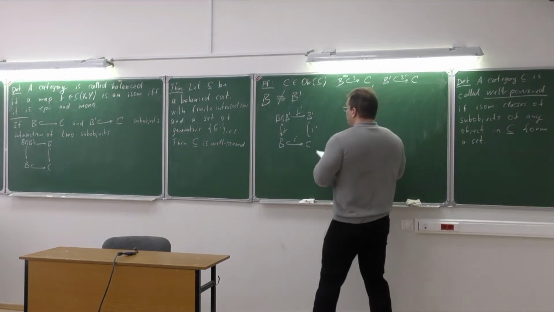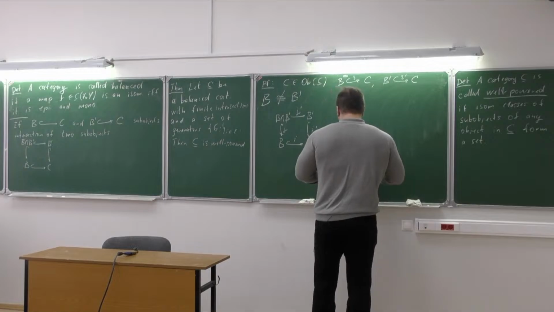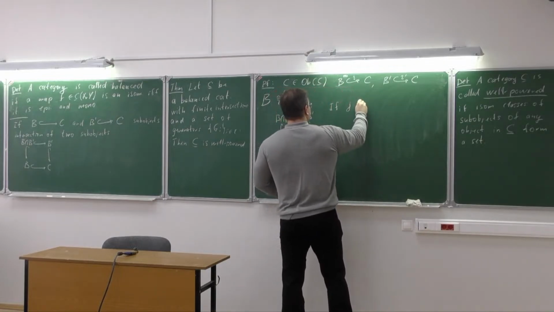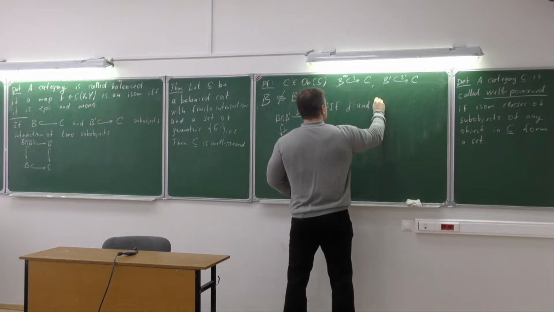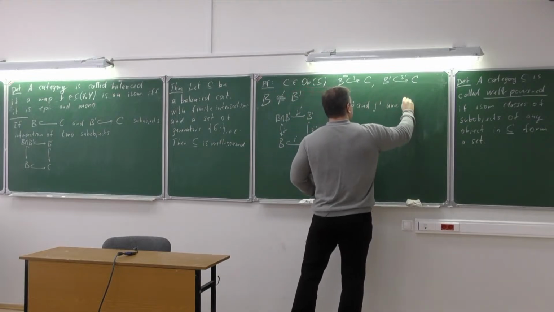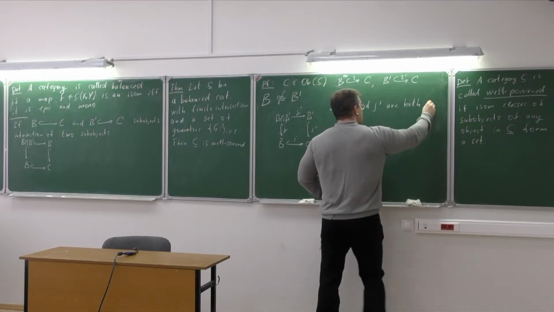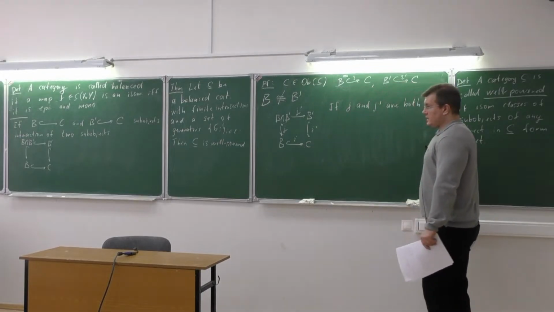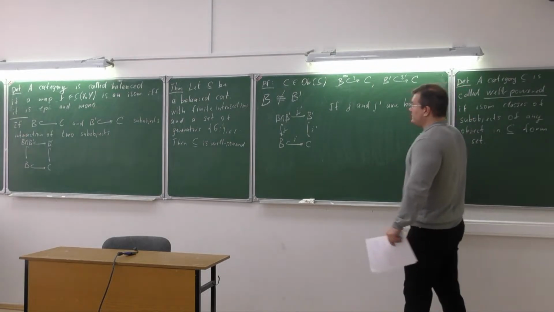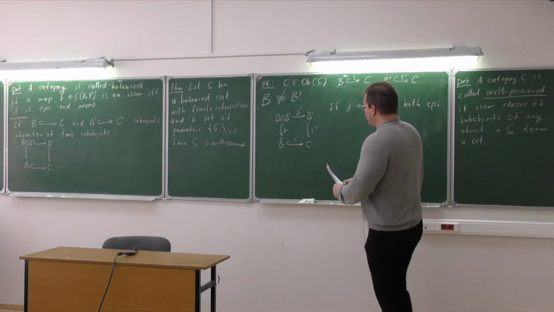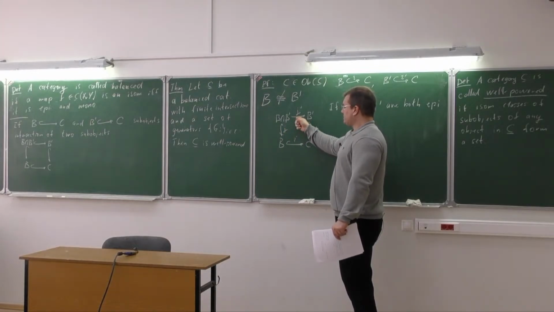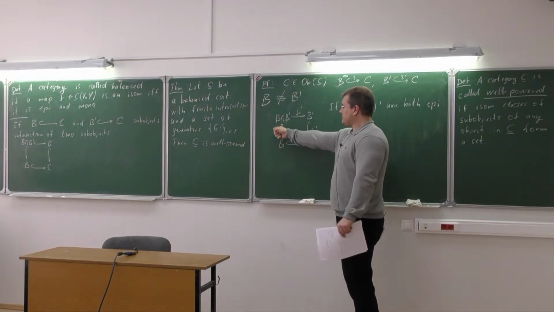First of all, I can notice a quite elementary thing. If J and J prime are both epimorphisms, then I get a contradiction. Since I know that the category is balanced, I know that these two maps are monomorphisms. If they both are also epimorphisms, it just means that this is an isomorphism and this is an isomorphism.